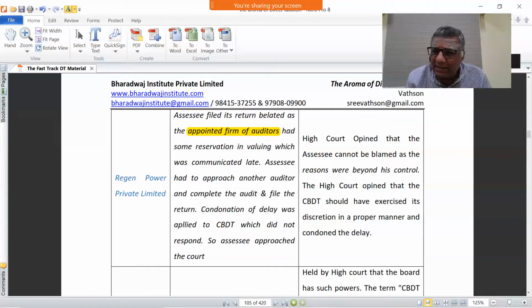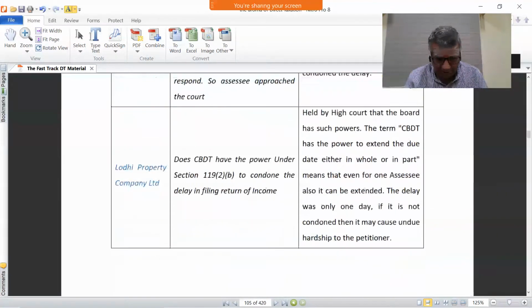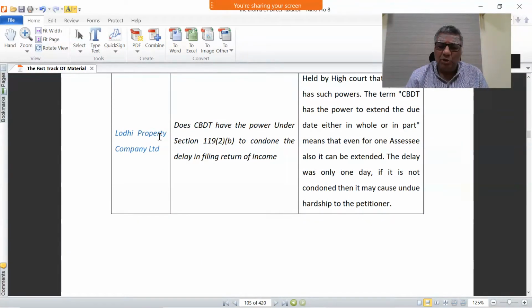The High Court said that the assessee cannot be blamed as the reasons were beyond his control. The High Court said that the CBDT should exercise the discretion in a proper manner and condone the delay. Extend the due date for this company, because it is not the mistake of the assessee, it is the mistake of the auditor.